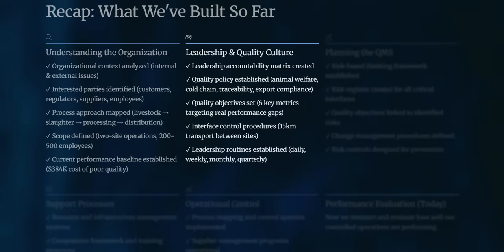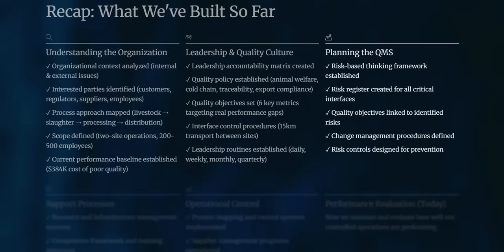Interface control procedures were also covered, for the 15-kilometer transportation between two sites, Site A and Site B. Finally, in Module 2, we established leadership routines, including daily, weekly, monthly, and quarterly routines.